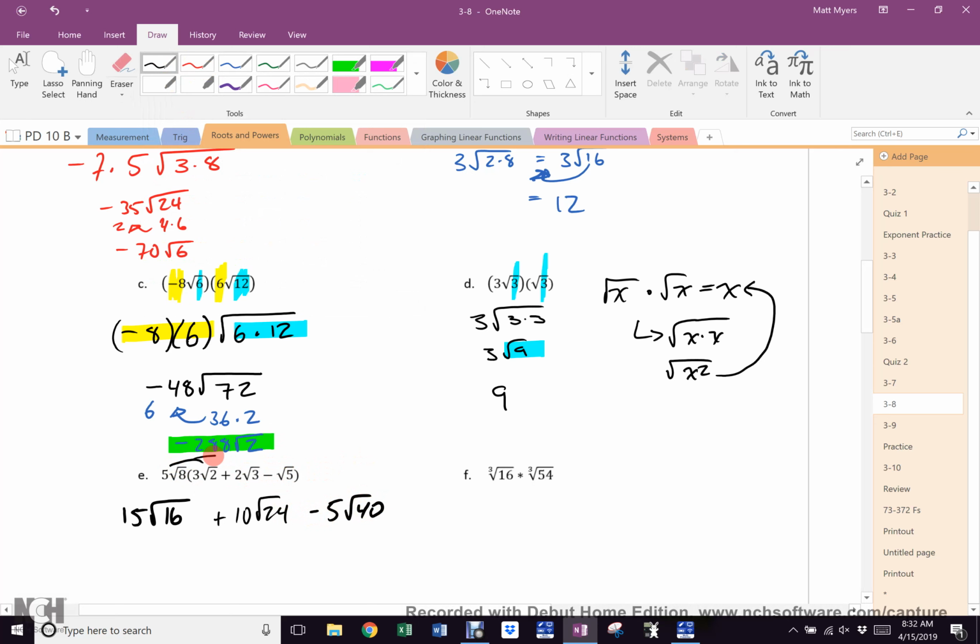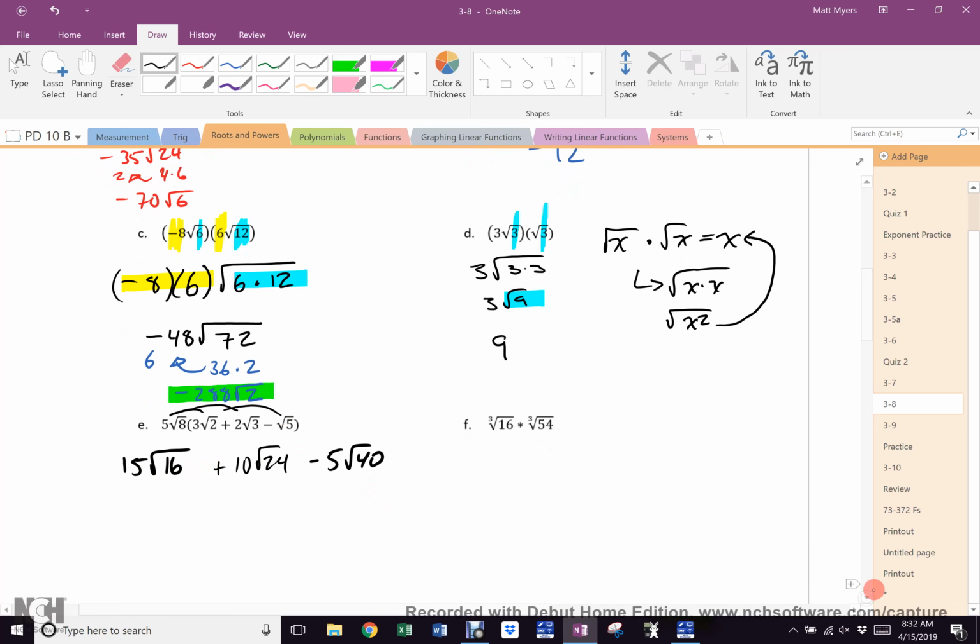You distribute. And then what do you do with those? What's the square root of 16? So what do I get here? 60. 24 breaks down into what? 4 and 6. Why 4? It's got a perfect square root. So what comes out? What was already out there?